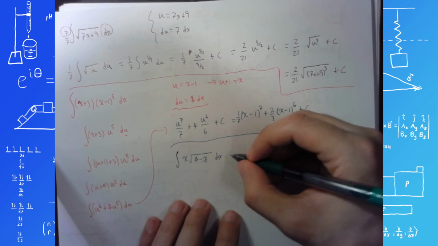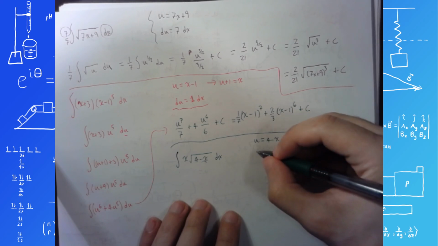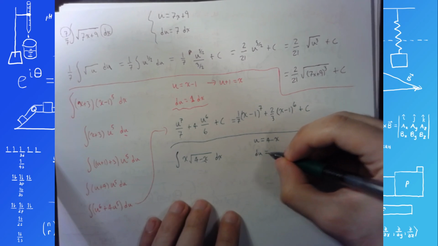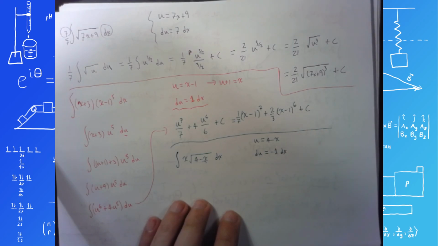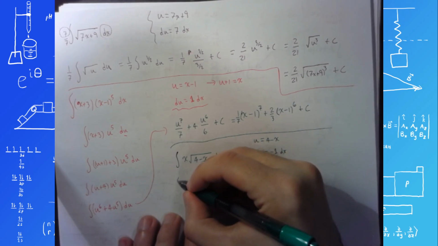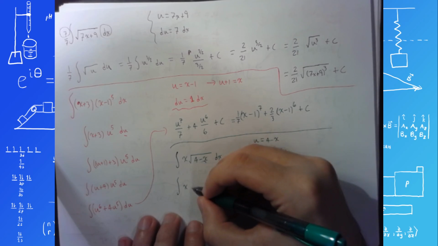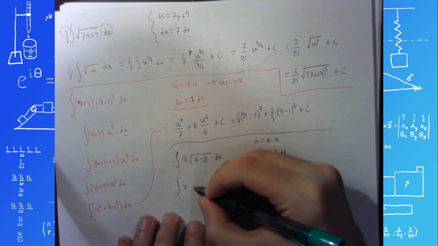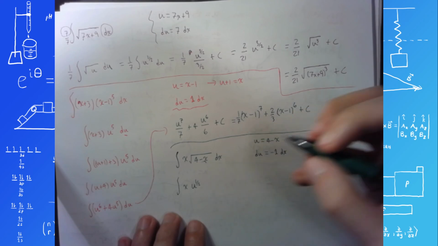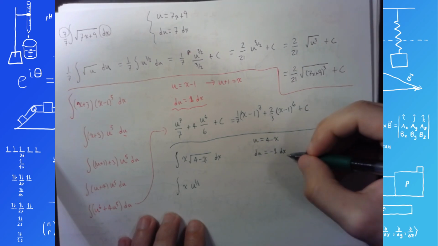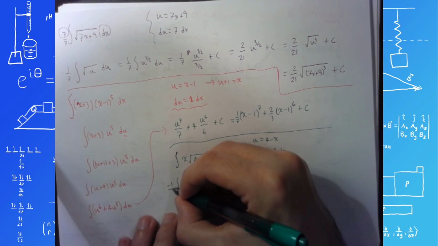We can do u equals 4 minus x, and that gives me du equals negative 1 dx, which would give me x times square root of u. I'm going to go ahead and rewrite it as u to the 1/2. And then for my dx, if I want a negative 1 dx, then I can just multiply by negative 1 over negative 1.